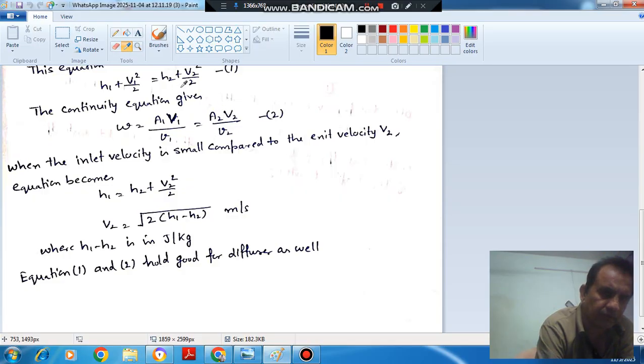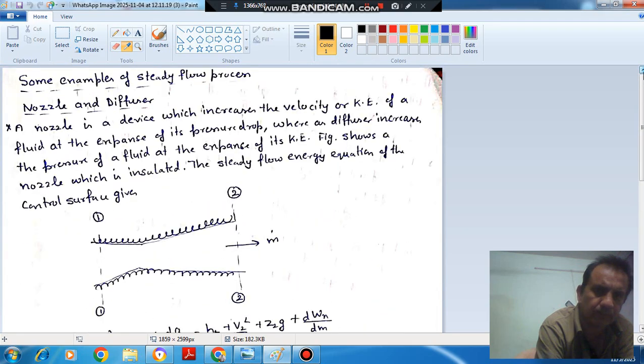In this we can neglect v2 and find out v1, whereas in a nozzle we found out v2. So this is the nozzle and diffuser application of steady flow process.